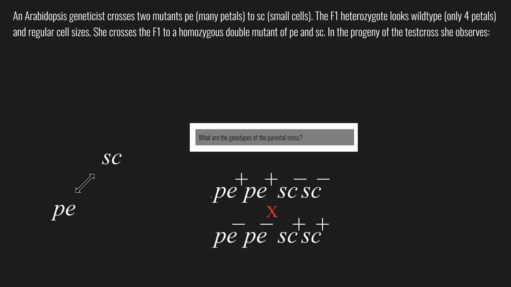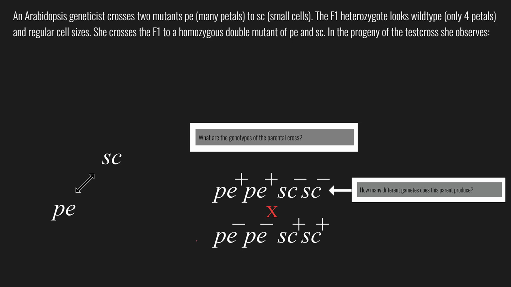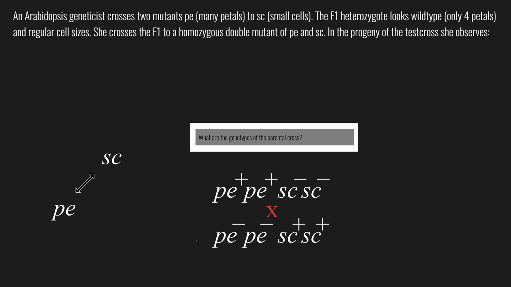They either have many petals or small cells. We know that they must be homozygote for one of their respective mutations, whereas on the other one we have the wild type.